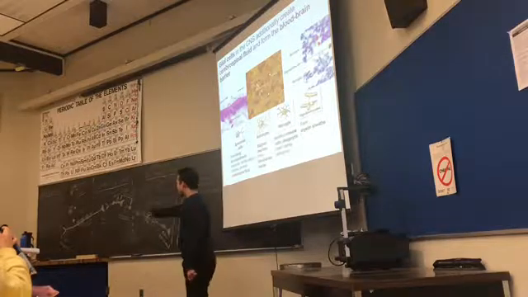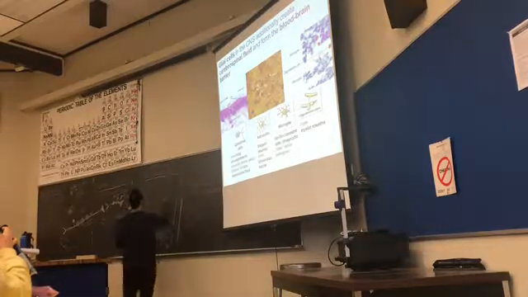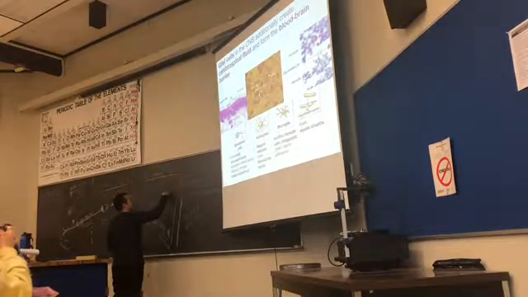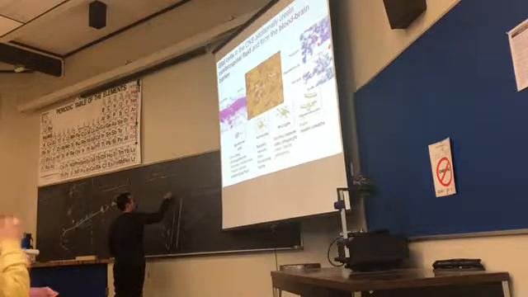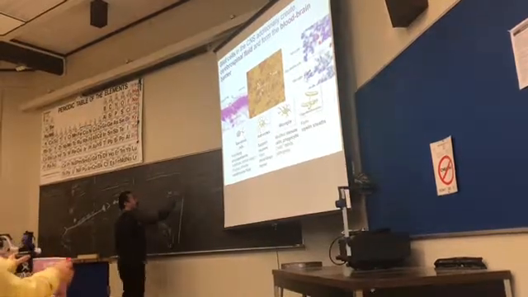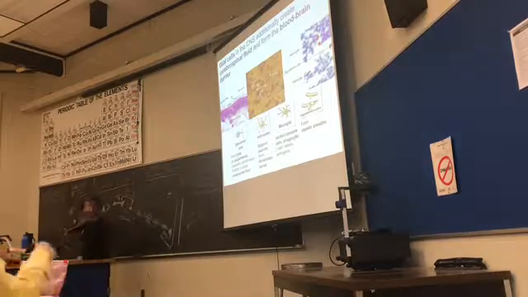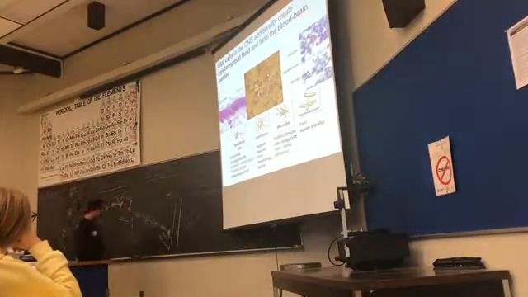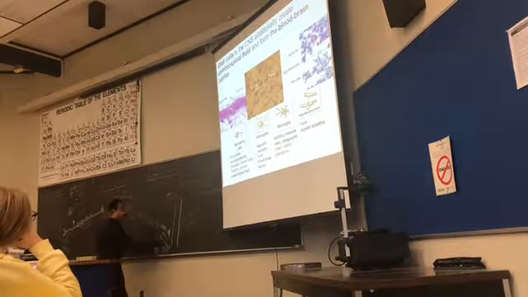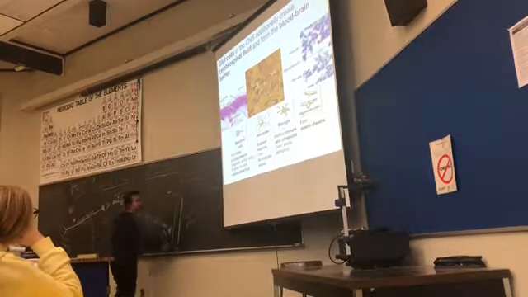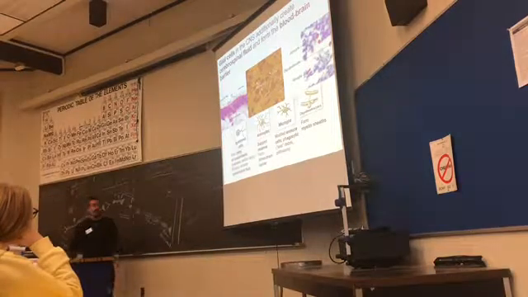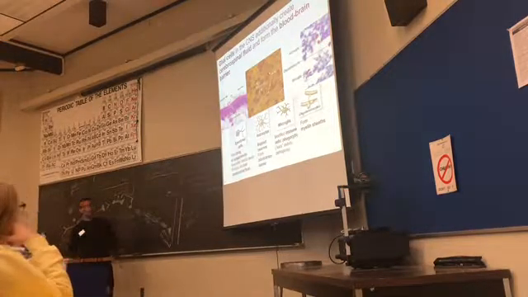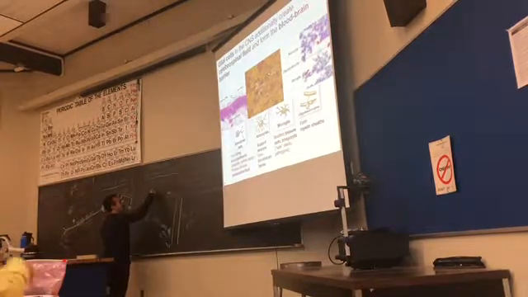We learned about satellite cells in the peripheral nervous system. In the central nervous system, a similar cell is the astrocyte. Astro, like stars, it's star-shaped. It's really branched in all different directions.